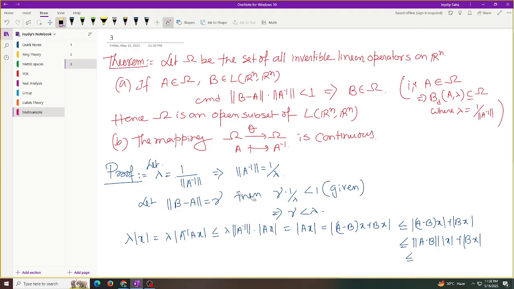So this is what is norm A minus B, that is gamma.